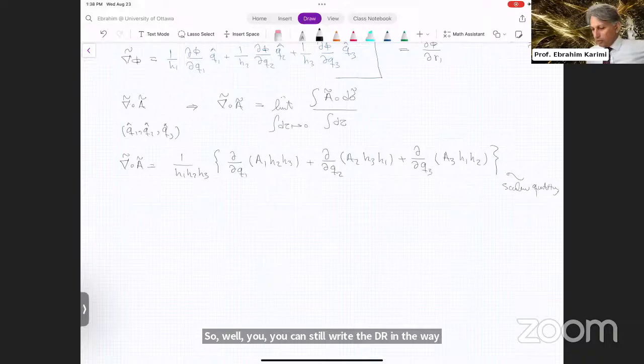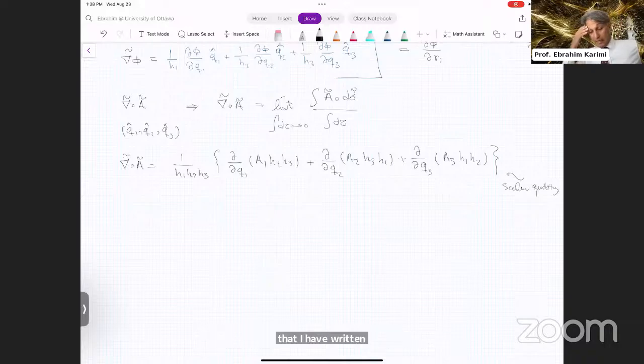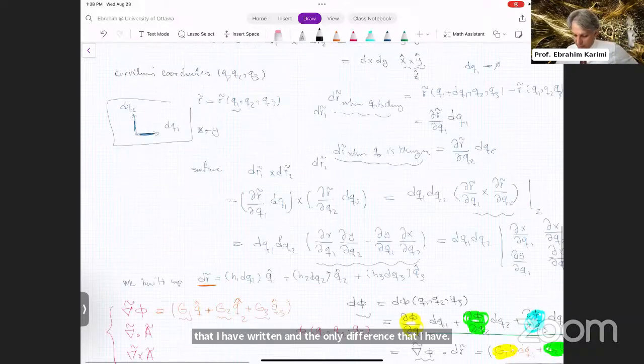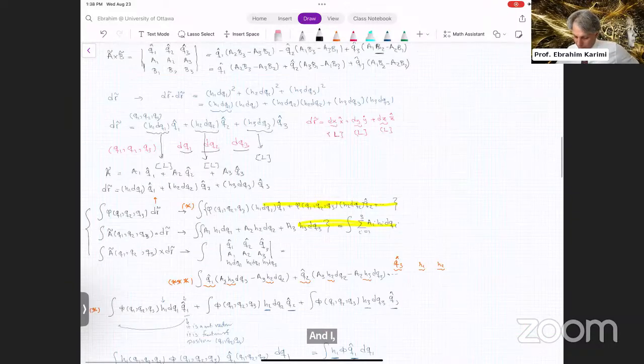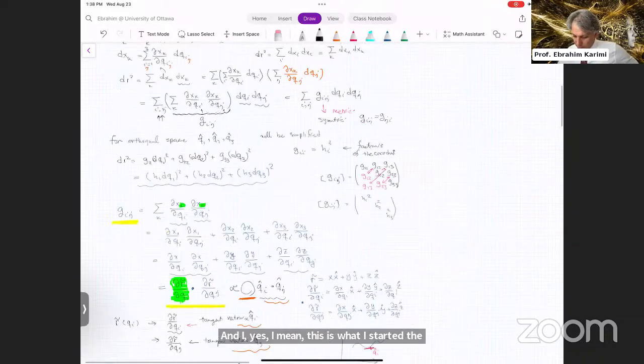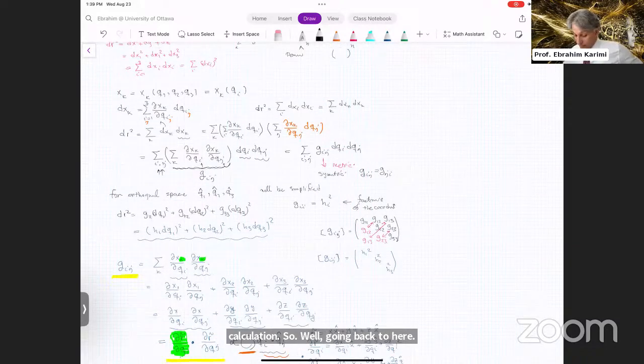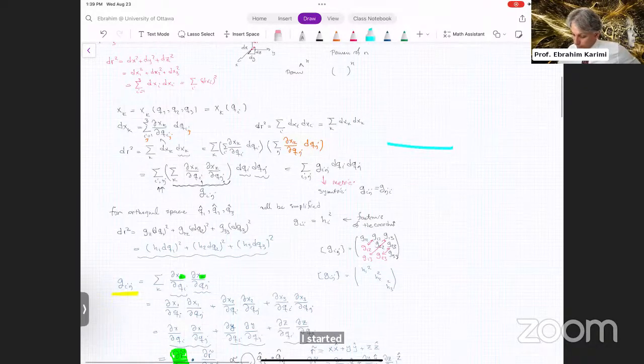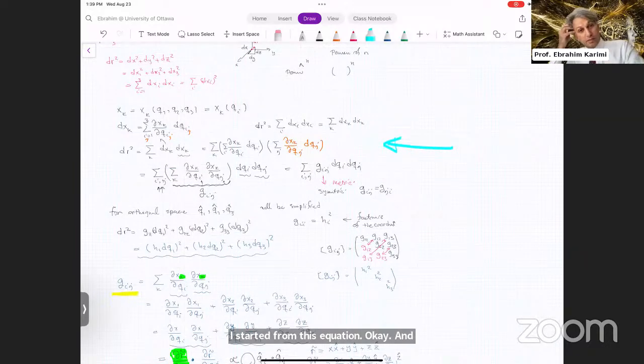Going back to here, this is what I started the calculation with. If you look at the calculation, I started from this equation, and that's a general formalism. This is how you write it in general coordinates, indeed.